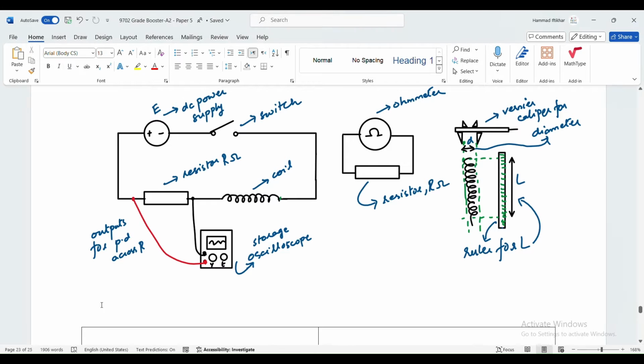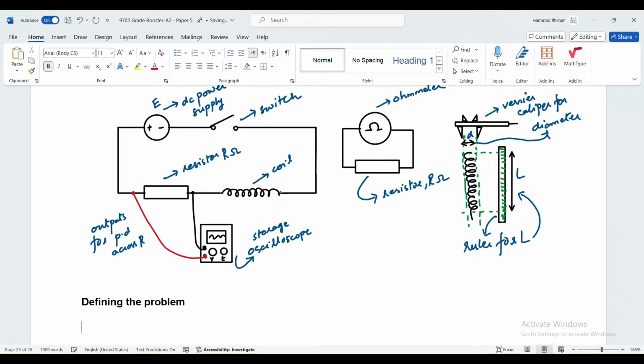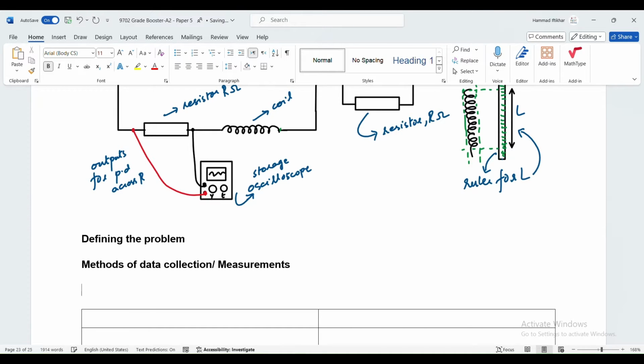Now some sections for this, like how we are going to start, is problem definition, or defining the problem. Then we will have methods of data collection, or simply measurements.